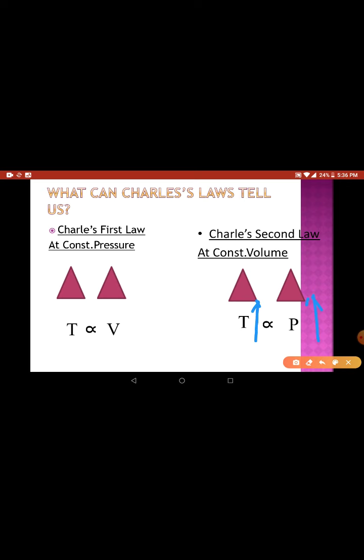So if you observe carefully, here you can see that whether it is constant pressure or constant volume, if you increase the temperature, then the other physical quantity is also increasing linearly with the temperature. So at constant pressure, if you increase the temperature, then volume is also increasing constantly. At constant volume, if you increase the temperature, then pressure is also increasing. Then the scientists got an idea that suppose you take a fixed volume, you take a gas that is fixed in some container and you maintain constant pressure.